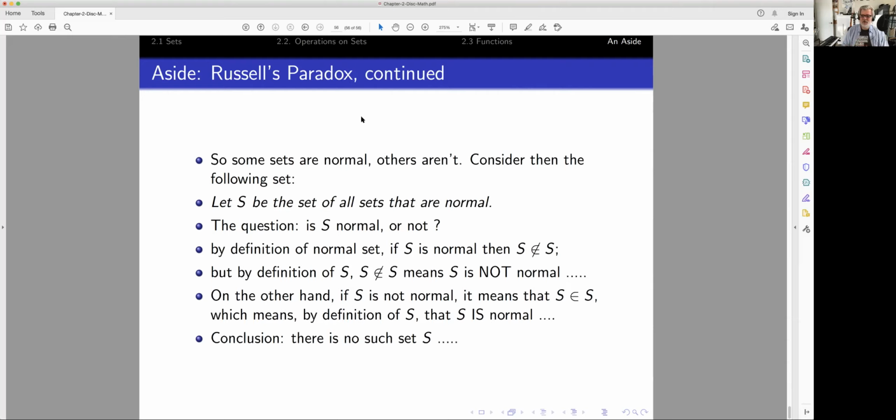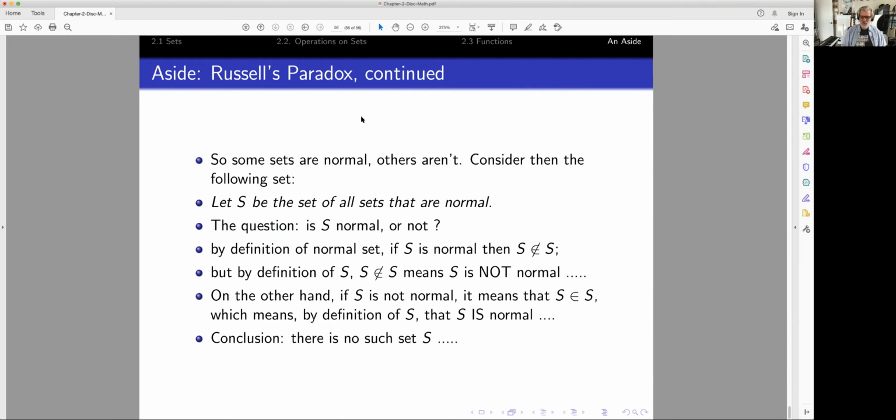But if S is not normal, it means that S is an element of itself by definition of normal set, right? But if S is an element of S, if you look at the definition of S, it contains only sets which are not normal. Sorry, I'm even making it more confusing than it already is. Okay, let's try that again.